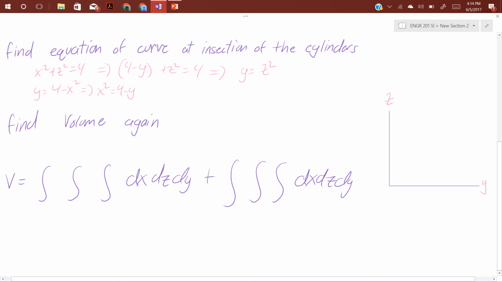Alright, since we're working in the ZY plane, I'm going to go ahead and draw our boundary line, y equals z squared. So it's going to be a parabolic shape. And again, we're only working in the positive area, so we don't have the negative side of it. So it's more like z equals the positive square root of y.